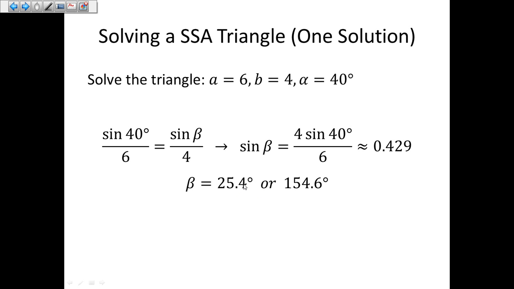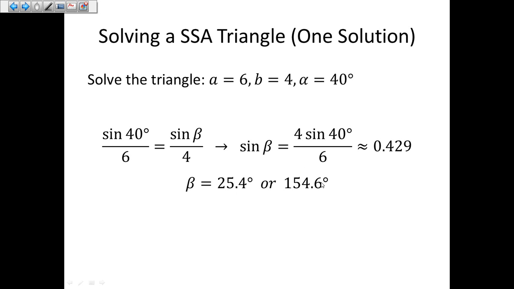Now what you need to do is take 180 minus this, because this angle also has a sine that's equal to 0.429. If you took the sine of this, you'd get 0.429. If you took the sine of this, you'd get 0.429. So your calculator spits out this one, you find this one.